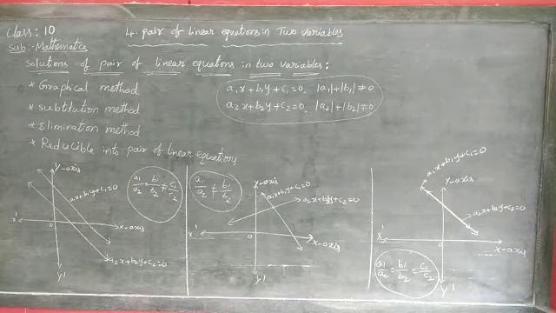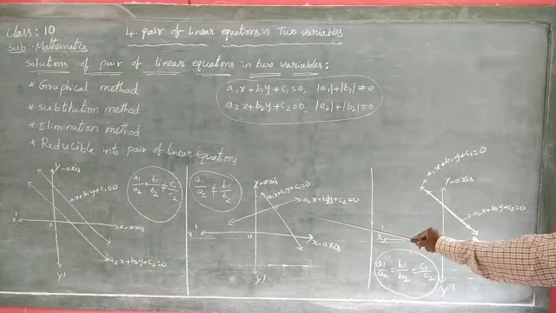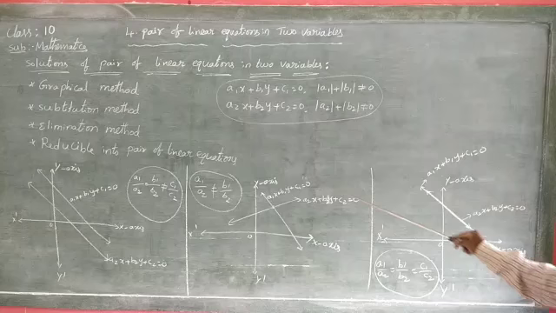If a1 by a2 is not equal to b1 by b2, then the equations are consistent with a unique solution. If a1 by a2 is equal to b1 by b2 is equal to c1 by c2, then the given equations are consistent with infinitely many solutions. Every point on this line will become a solution of the given two lines. Here, only this point will become the solution of these two lines.